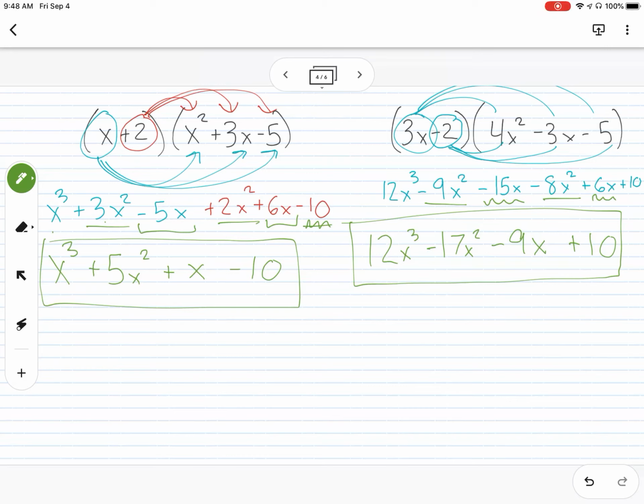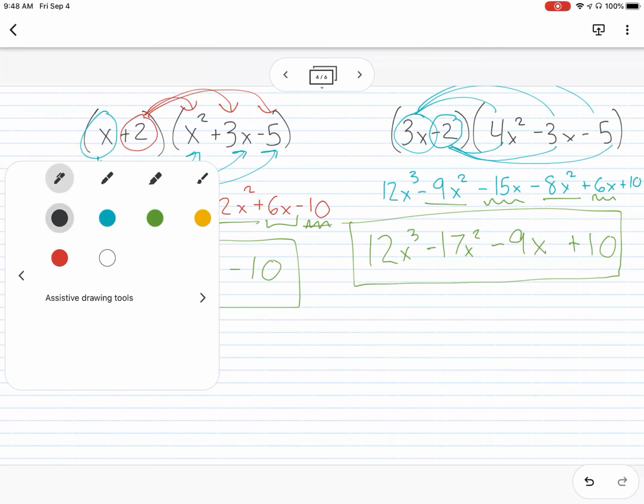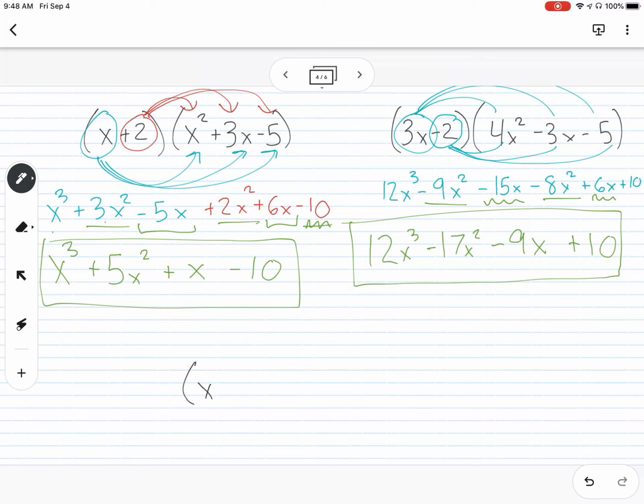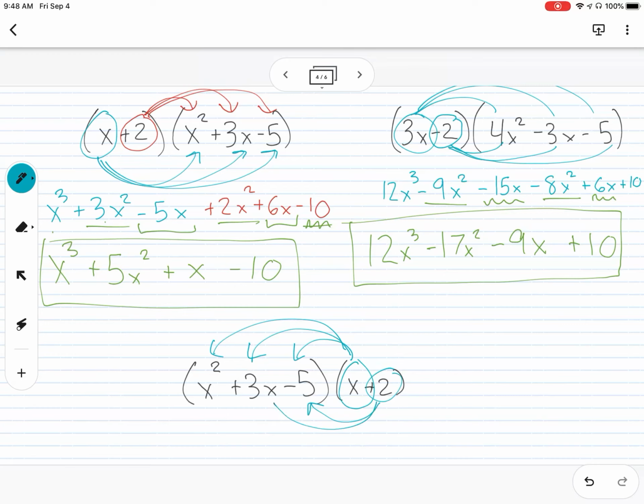So there's a binomial with a trinomial. Just a note, if it's written the other way, where they put the binomial second, you would still do it this way. Just distribute backwards. Always start with the binomial when you're doing that one.